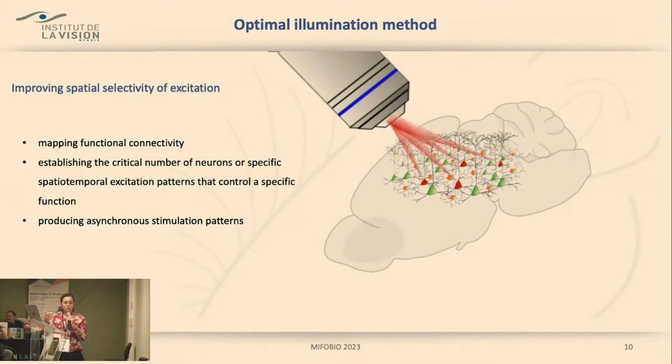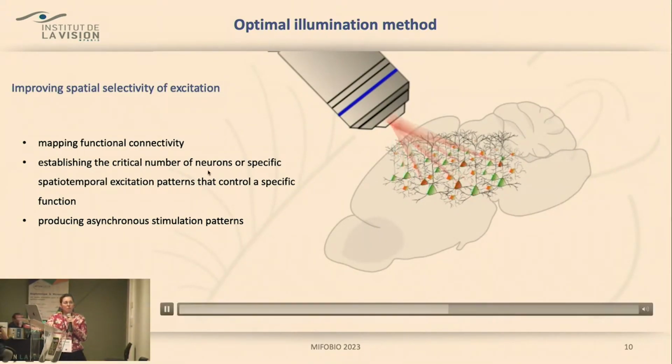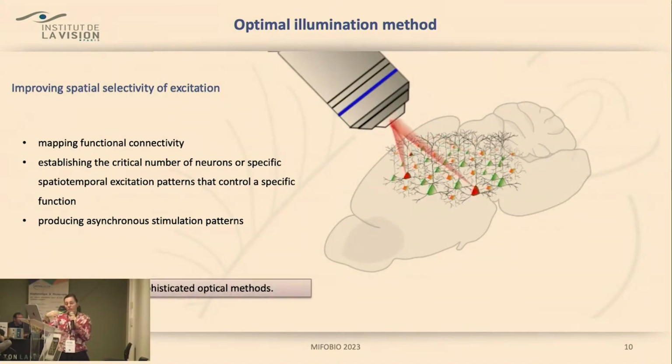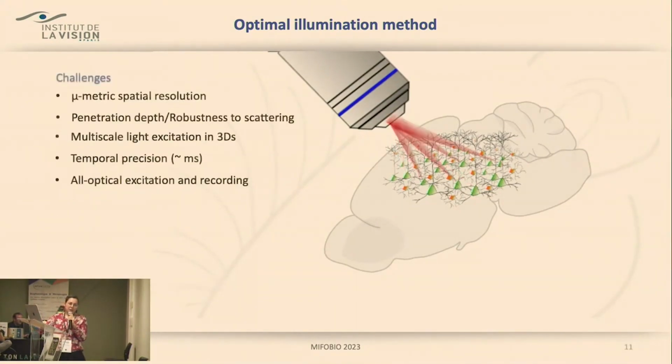For instance, if we want to perform studies concerning functional connectivity, or establishing a critical number of neurons that we need to excite to control a neuronal network, or even if we want to produce asynchronous patterns, then, as I told you at the beginning, we need to be able to excite specific neurons with good lateral and temporal resolution, if possible simultaneously, so as to control the number of neurons that we excite simultaneously. So we need more sophisticated optical methods.